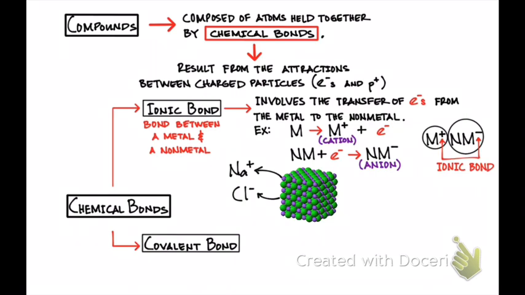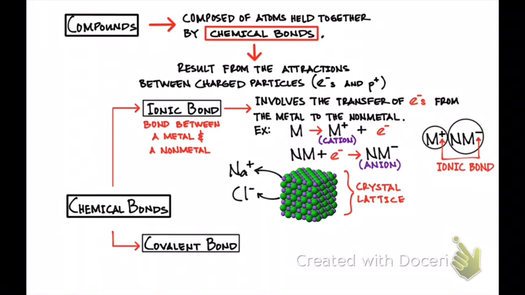You have alternating sodium and chloride ions, and they form this three-dimensional arrangement, which is called a crystal lattice. A lot of ionic compounds have a crystal lattice, which is basically a very specific three-dimensional arrangement. And it's different for every ionic compound because they are composed of different elements.